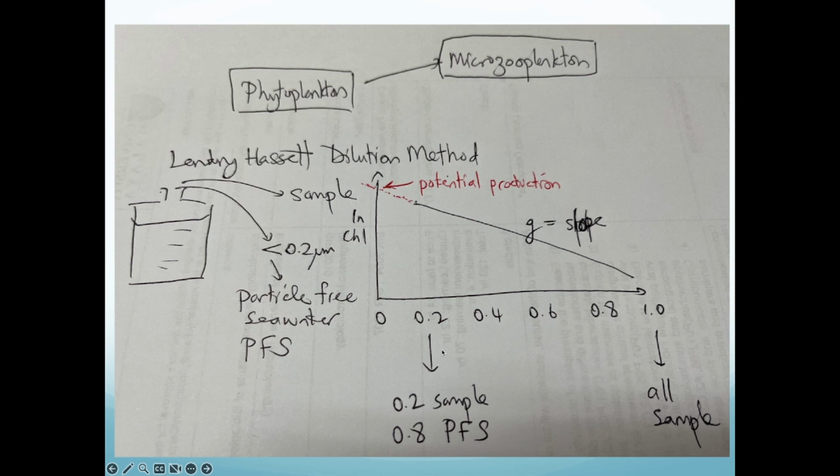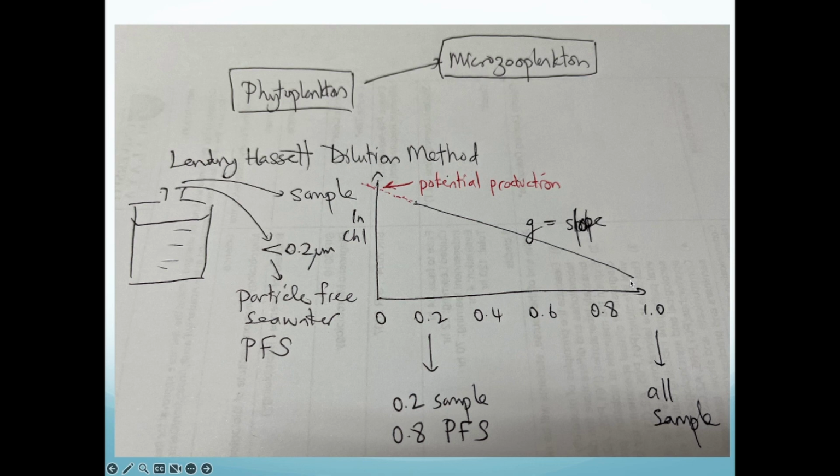Because the grazing by microzooplankton upon phytoplankton is primarily through interaction, the principle of the method is, as the sample gets diluted, the distance between the predator and prey increases. So the chance for the microzooplankton to actually graze upon the phytoplankton decreases as the samples get diluted.